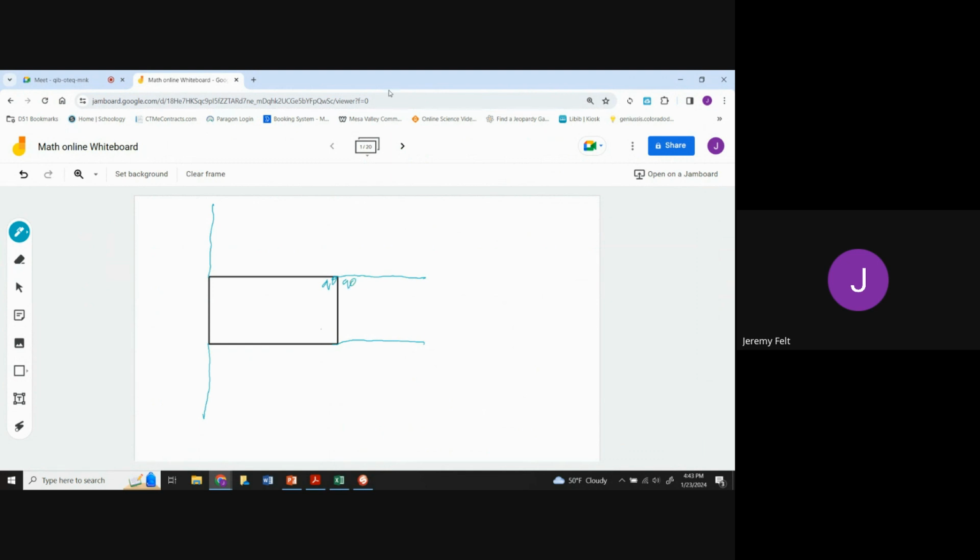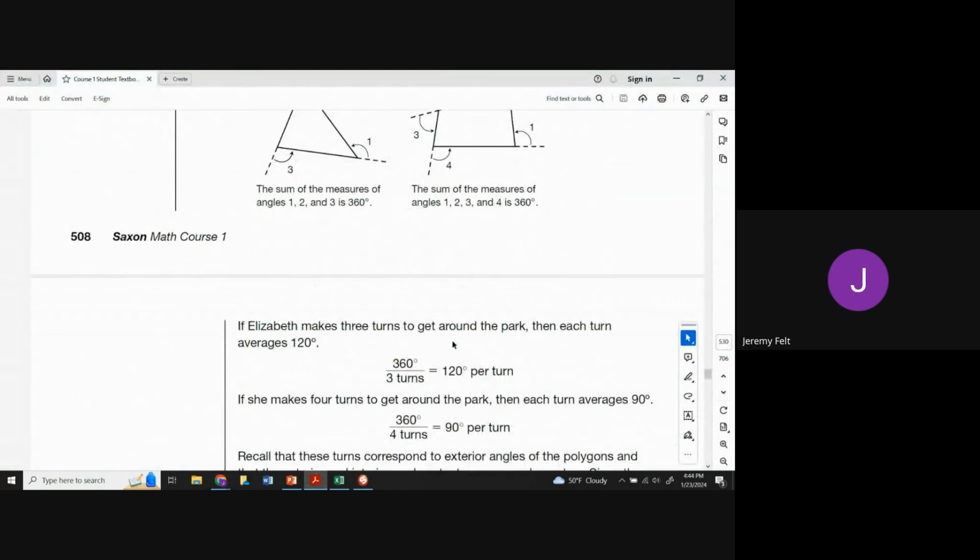That's got to be 90 degrees, 90 degrees, 90 degrees. This angle is 90 degrees, 90 degrees, 90 degrees, 90 degrees. So 90 times 4 is 360 degrees, just like we had with the triangle. Even though it's 4 sides and 4 angles, still the exterior angles add up to 360 degrees.